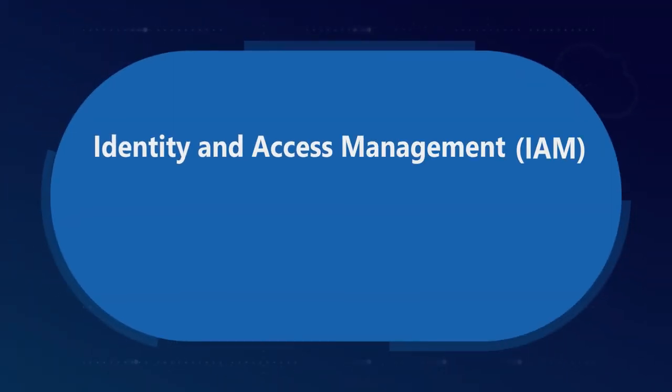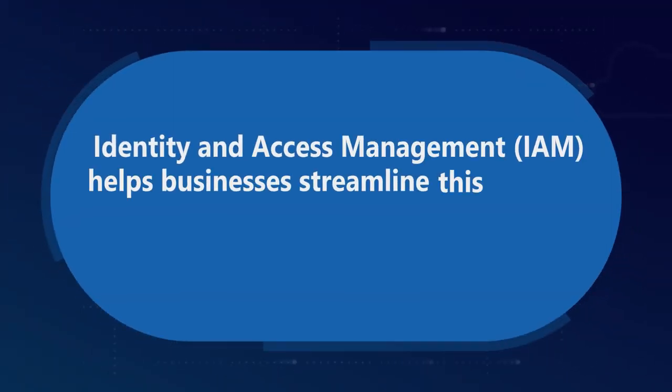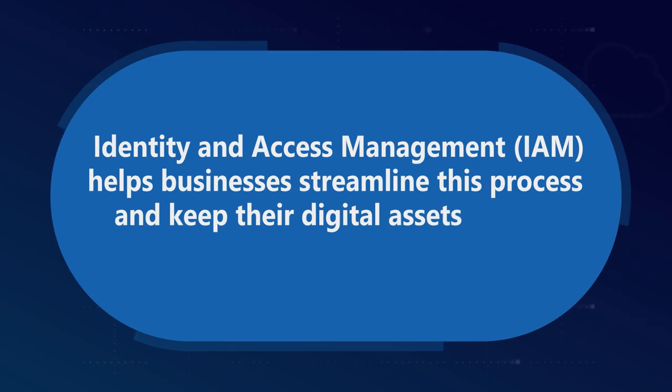Identity and access management, IAM, helps businesses streamline this process and keep their digital assets secure. But how does this really work? And how does it benefit your business? Now, Microsoft 365, of course, uses Entra ID.